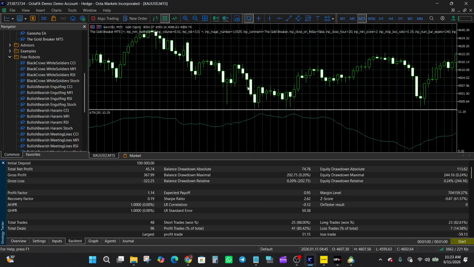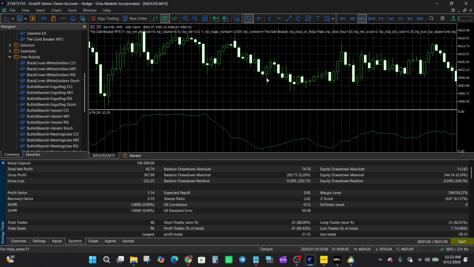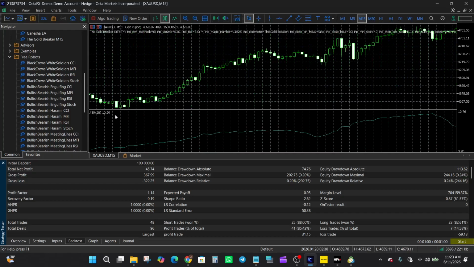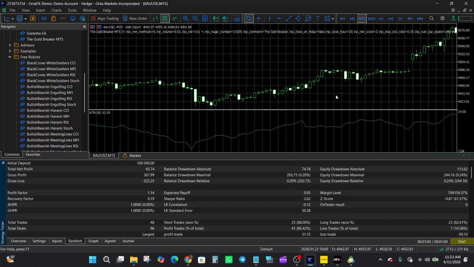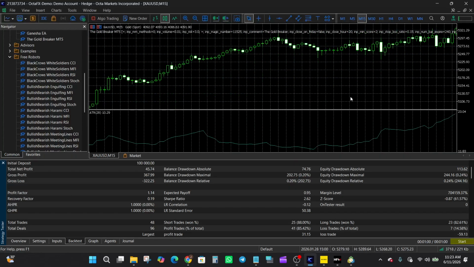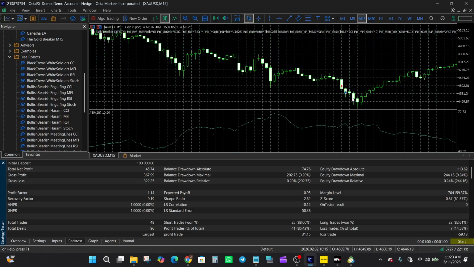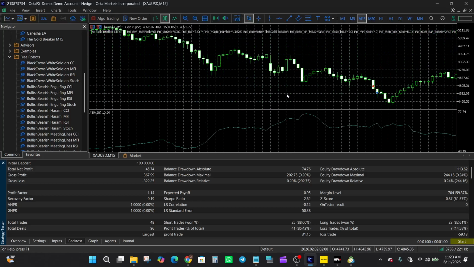So it is clearly built around reacting to momentum shifts rather than random entries. You can also see the ATR technical indicator being displayed here. Perhaps the EA also makes use of it in identifying the breakout or the trend or momentum.